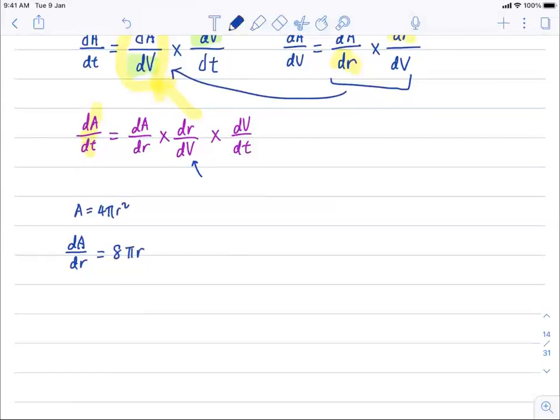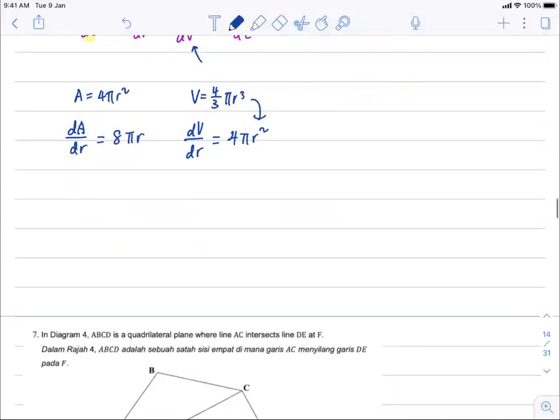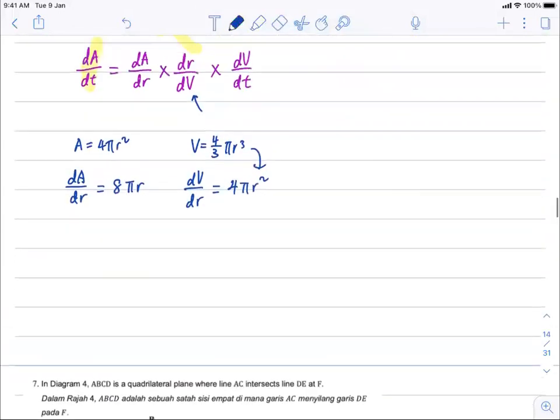We can make use of this formula, V equal to 4 over 3 pi r cubed. Differentiate it, so dV over dr is 4 pi r squared. So dr over dV, you invert it, becomes 1 over 4 pi r squared.